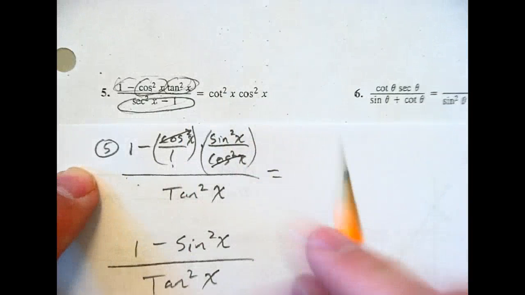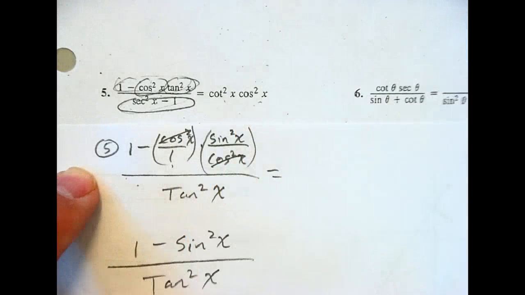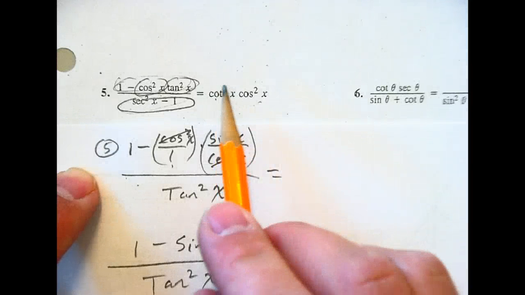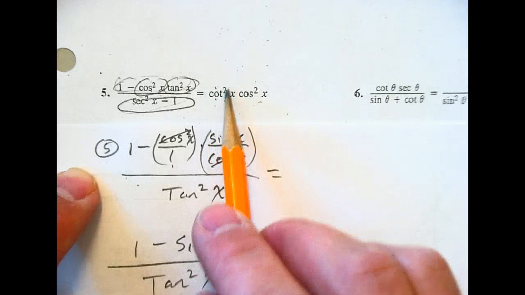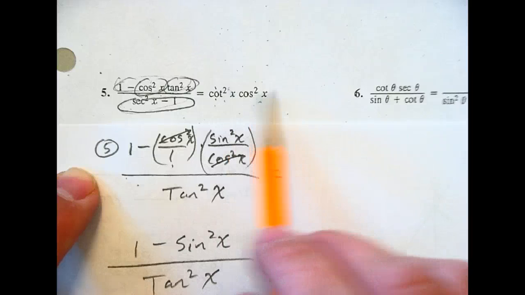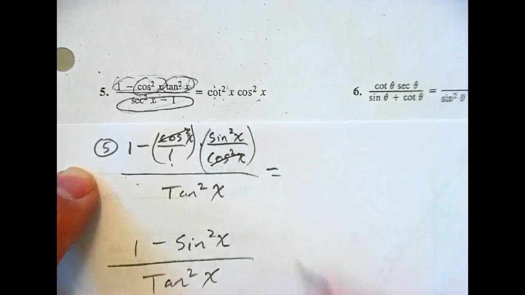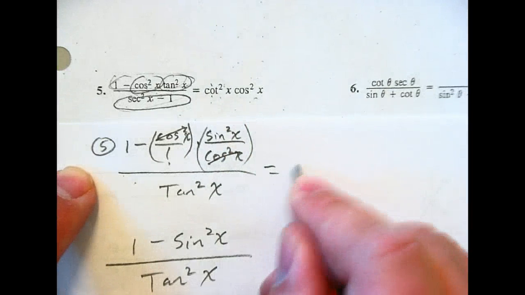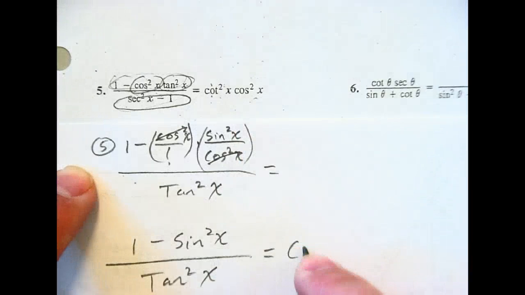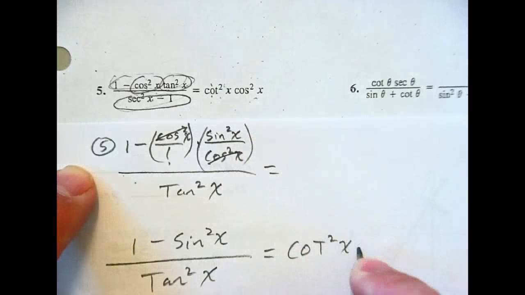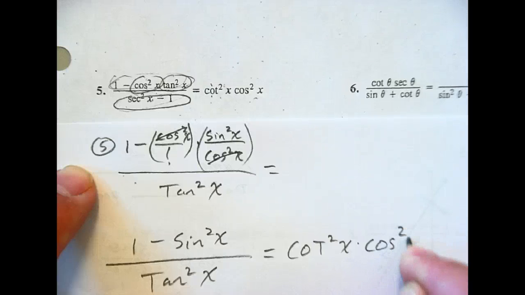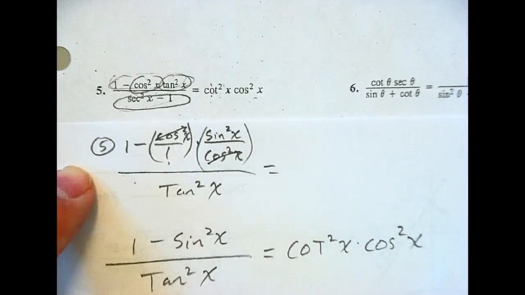Now on this side, cotangent is cosine over sine, so cos squared over sine squared. It's not going to really help me tons right there. But if I just bring that part down, some of you know how it will help.